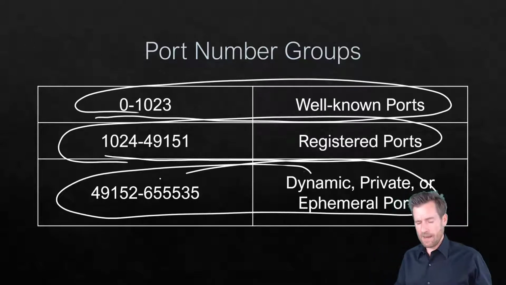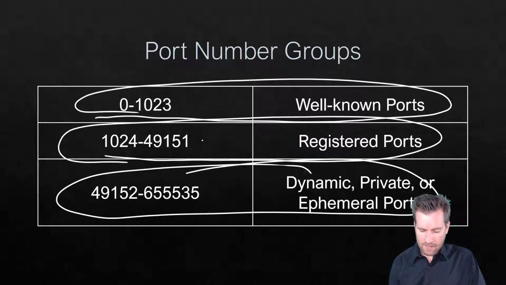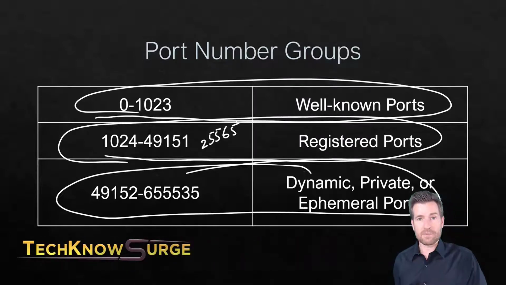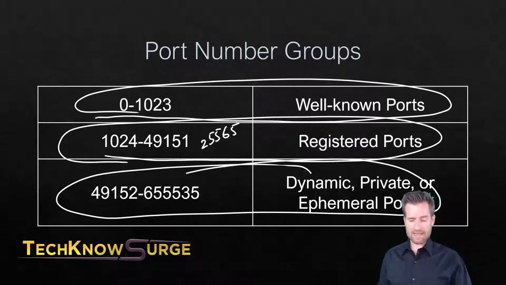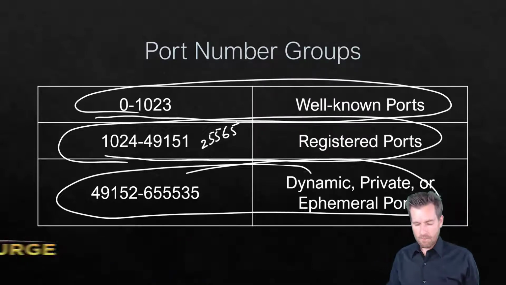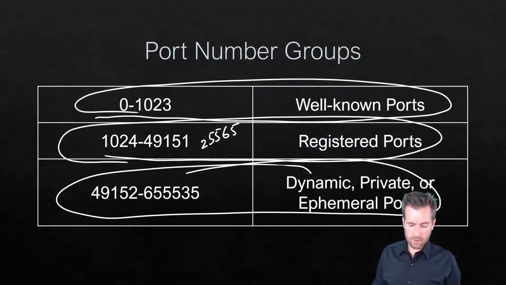A good example of this would be a Minecraft port, which I'm very familiar with because I've set up several Minecraft servers. It is not a registered port, but it's generally associated with 25565, at least when it comes to a world server on Minecraft.